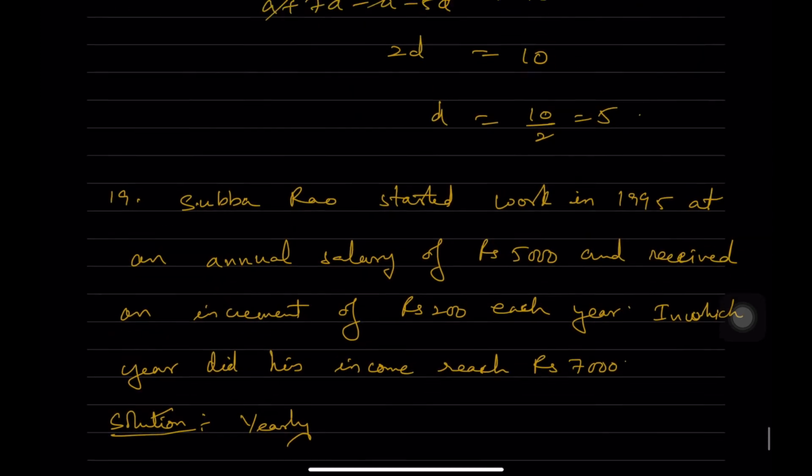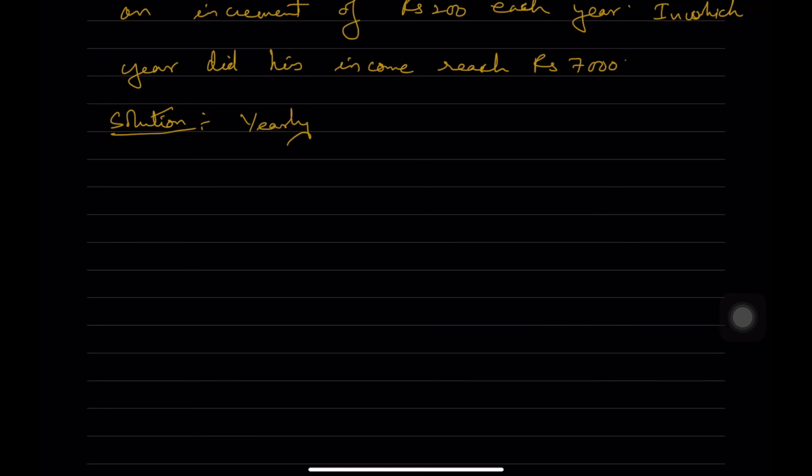Solution: yearly income of Subbarao is 5,000. Because there's 200 increment, you'll get next 5,200, then 5,400, then 5,600, and so on.